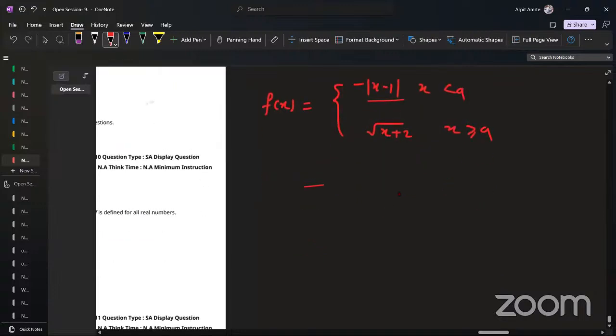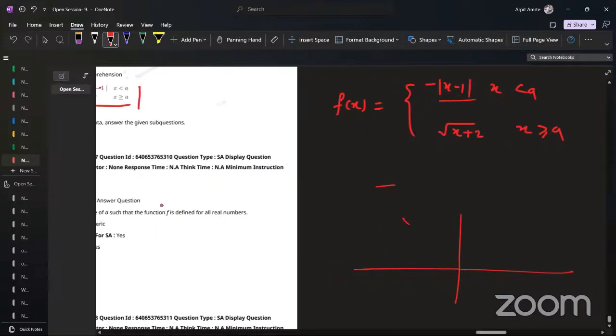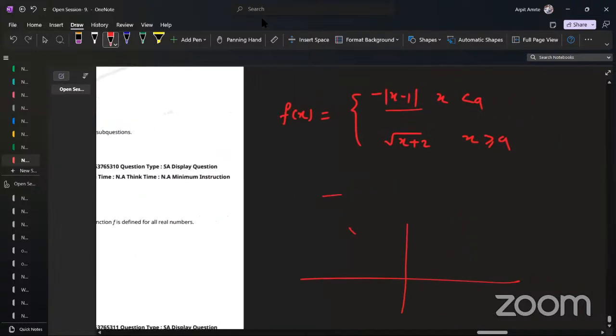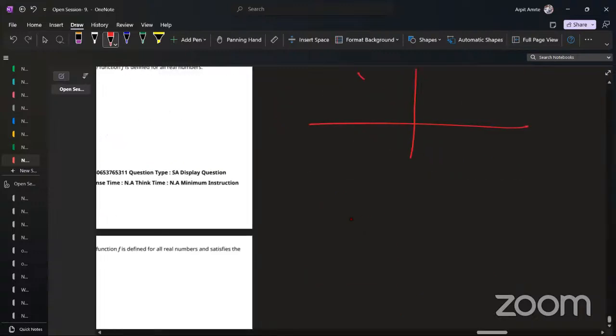What will be the graph of minus mod of x squared minus 1? Sorry, the function is given as mod of x squared minus 1.